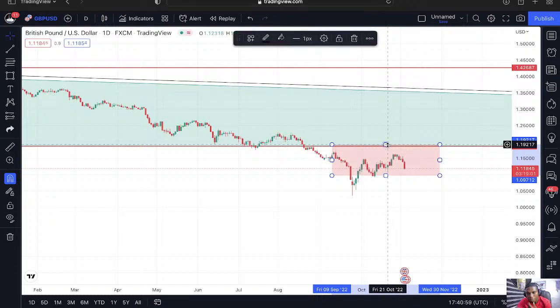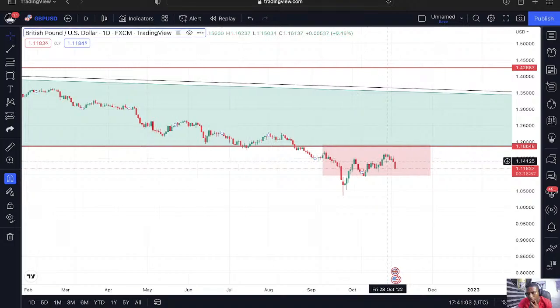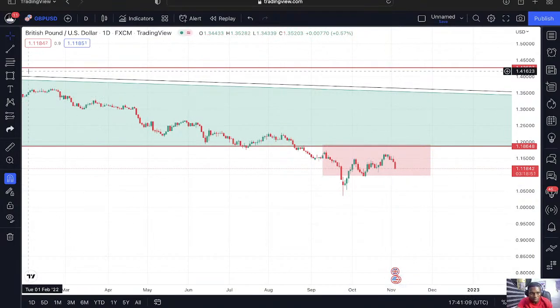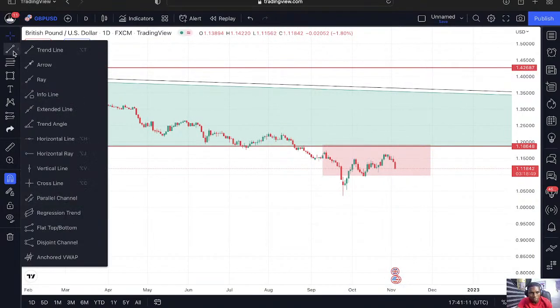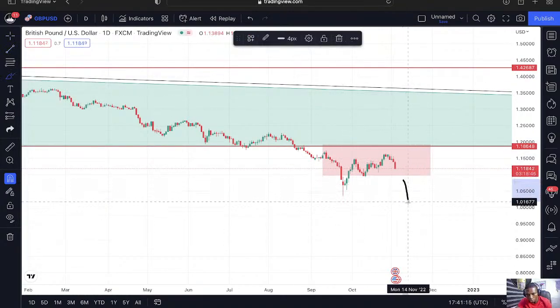All right? There's going to be a sell-off here. A sell-off is going to happen here. And then price will drop further from this region.